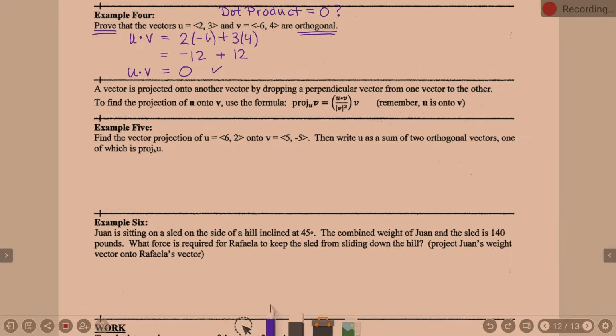Now, I'm going to do a picture because I can. You're not surprised. It's me. If we look at this picture, 2, 3, there's vector u, and negative 6, 4, there's vector v. I don't number this very well.